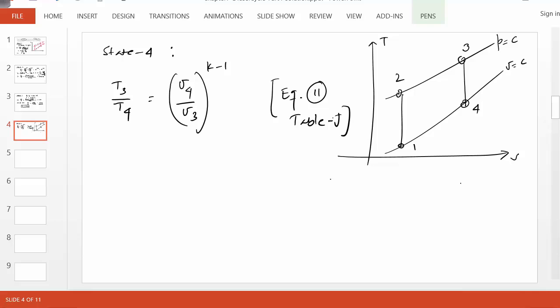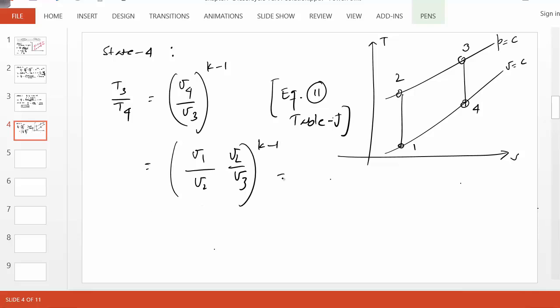So to find T4, we know T3 and V4 over V3. Notice V4 is the same as V1 because it's a constant volume line. But V3 is not equal to V2.